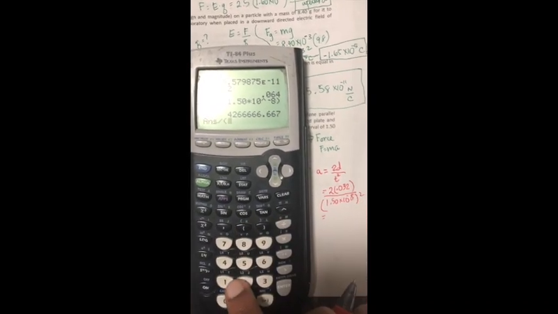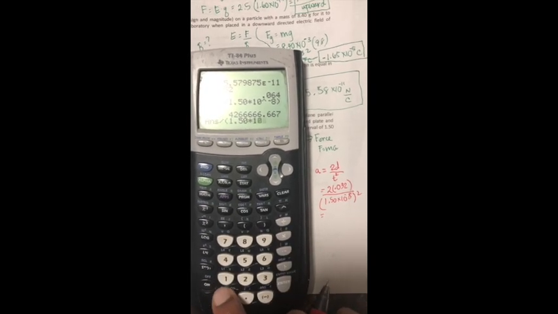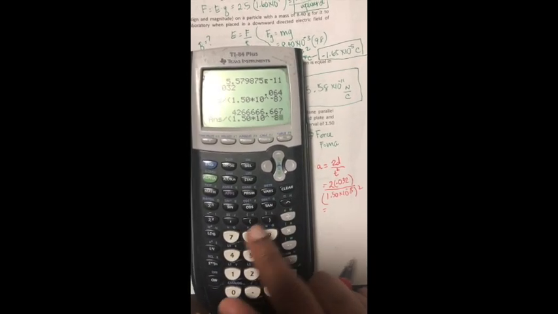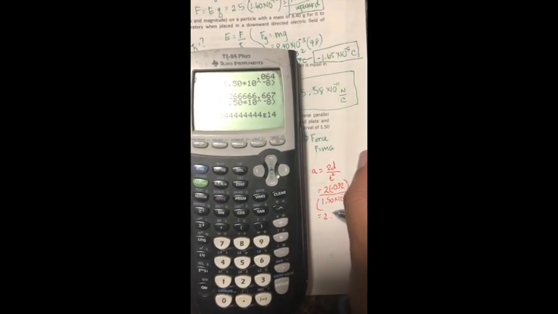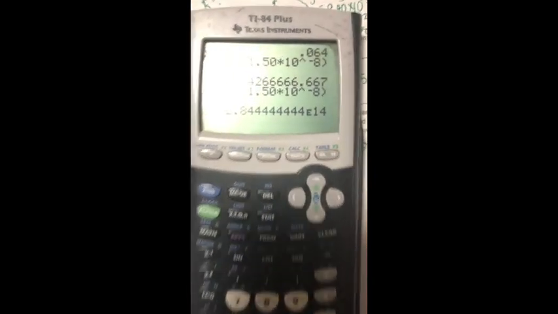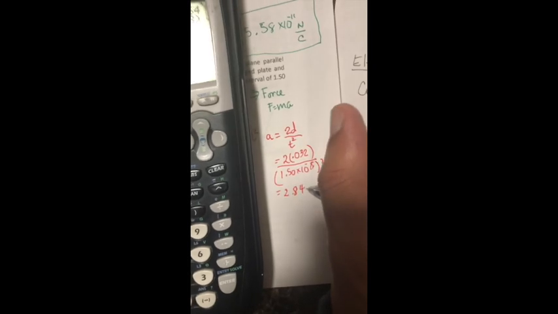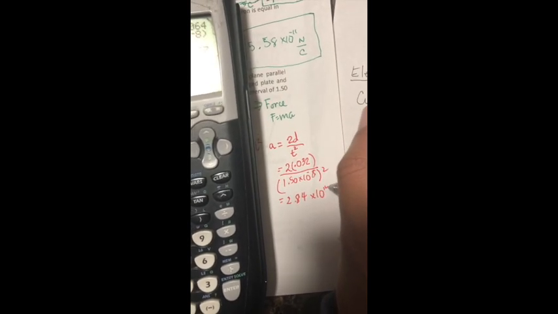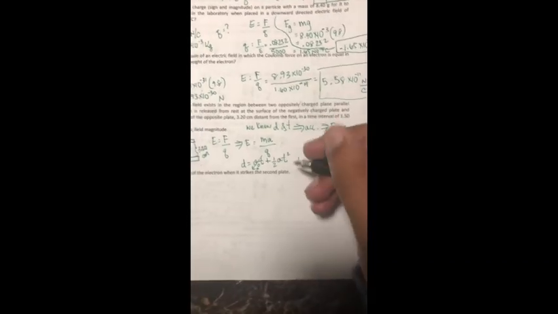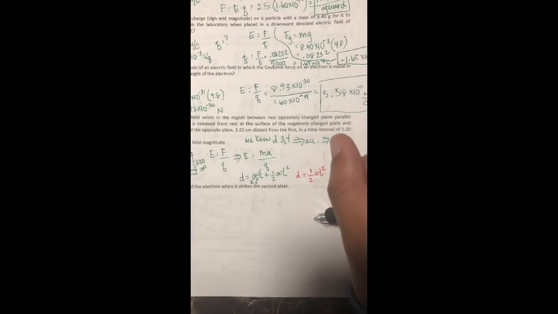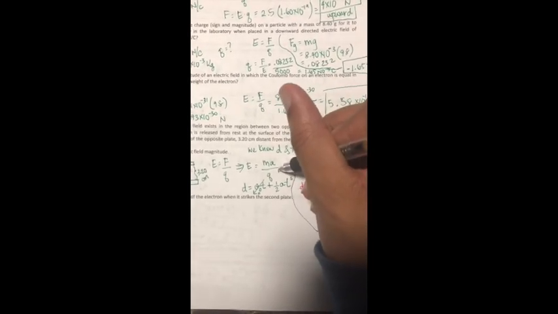So, what you should have gotten was 2.84, sorry, times 10 to the 14th. So that's just A. Now that I know A, I can plug this A all the way back up here to solve for the field.